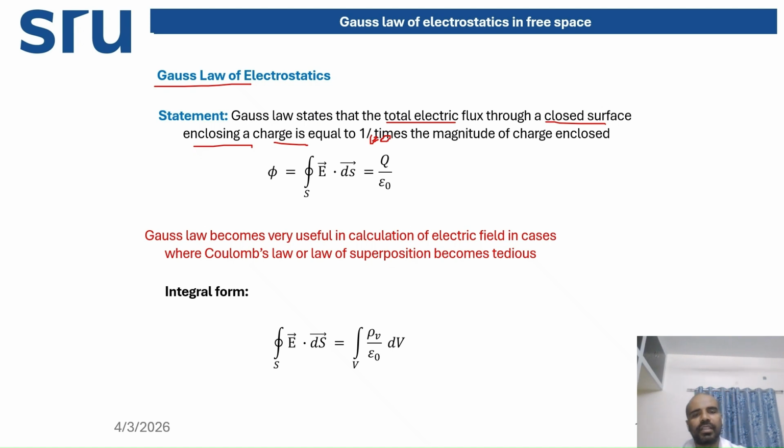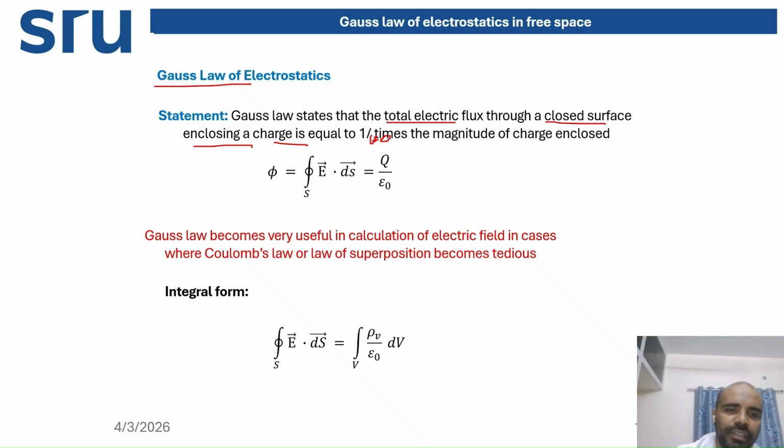So the total flux through a closed surface enclosing a charge is equal to 1 by epsilon naught times the magnitude of the charge that is enclosed, right?